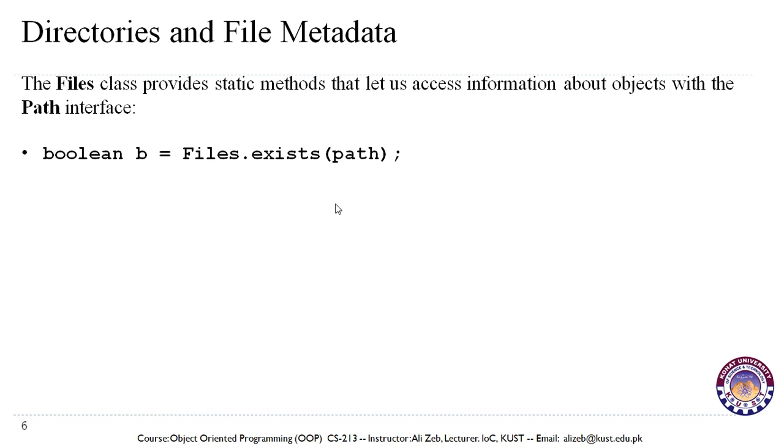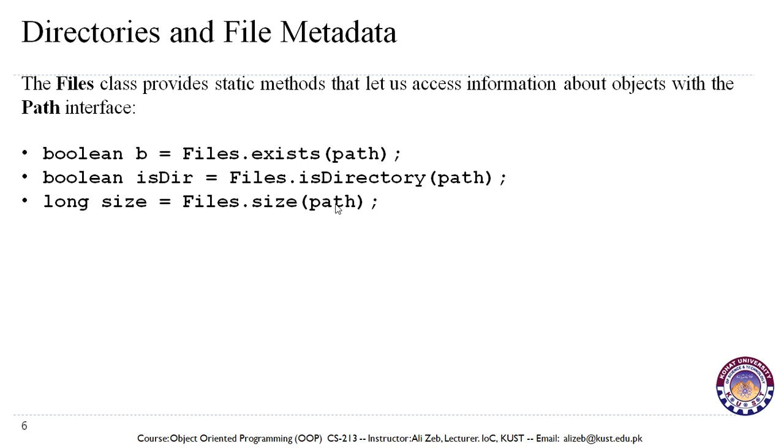For example, if you want to know if a path exists, you can call the exists method of the Files class. If you want to know if a given path is a directory, you can use the isDirectory method of the Files class.